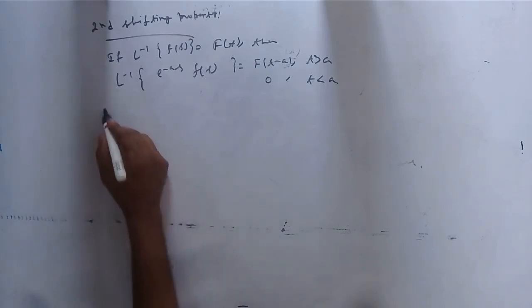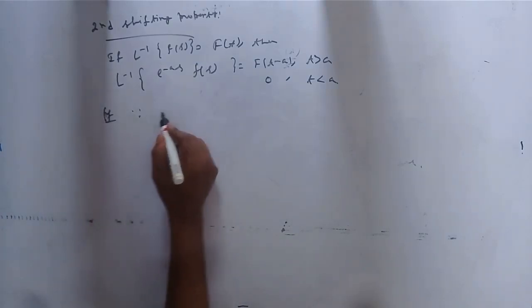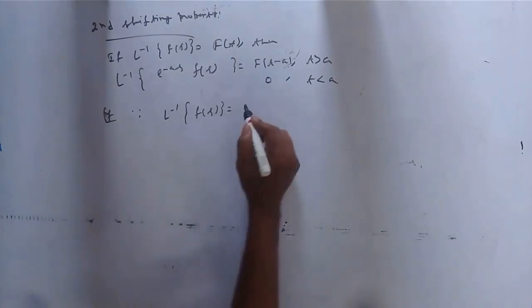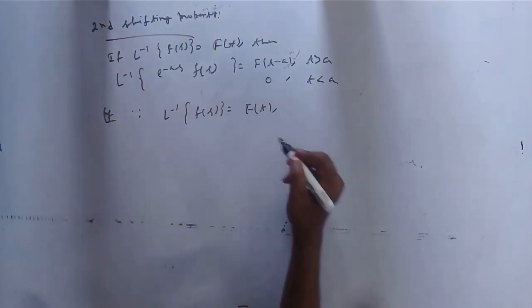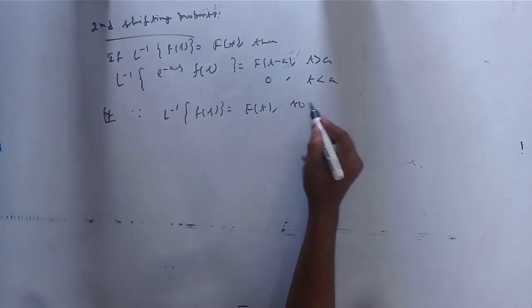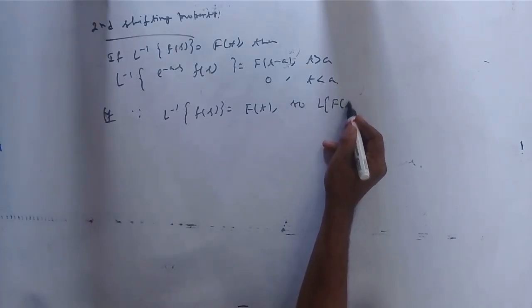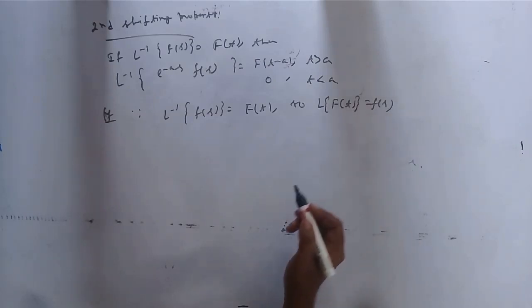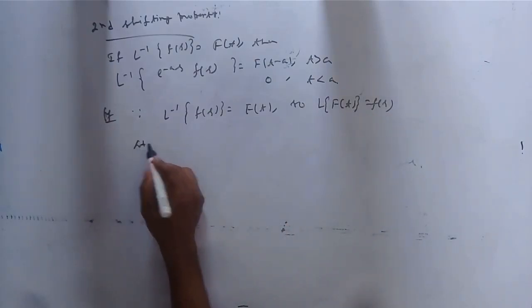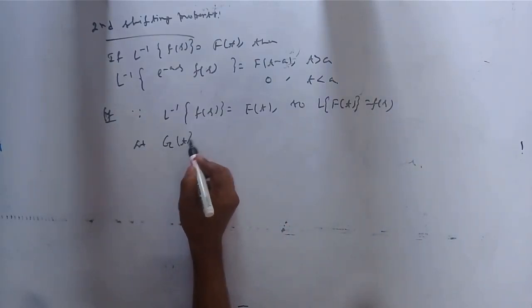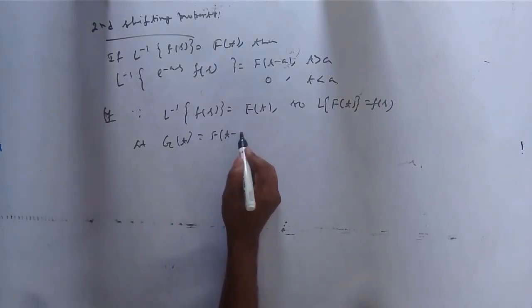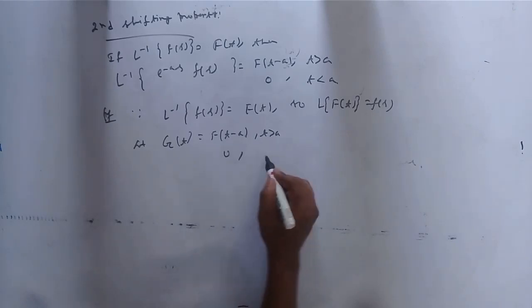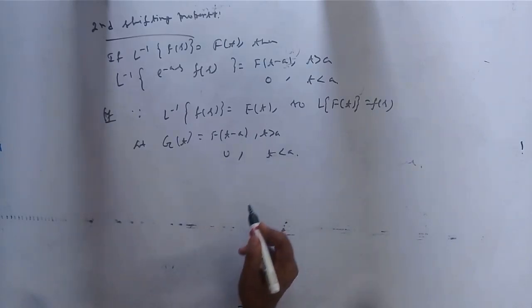So since L inverse of F(s) equals f(t), so L of f(t) equals F(s). Let g(t) equal f(t) minus a when t is greater than a, 0 when t is less than a.